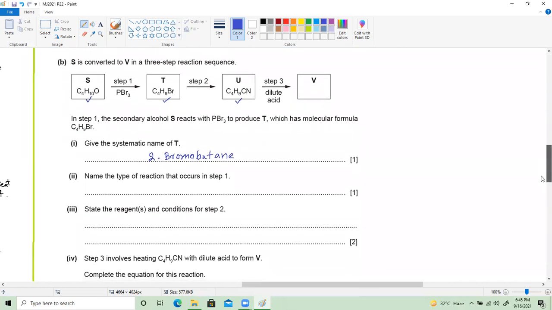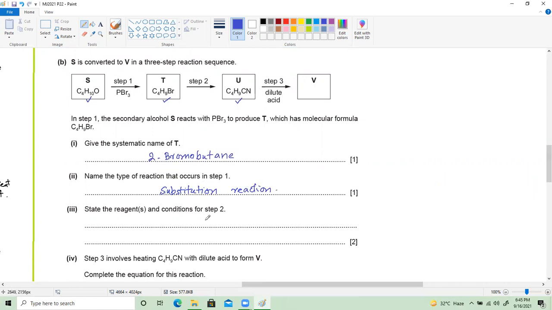Name the type of reaction that occurs in step 1. The OH group was substituted by the bromine atom, so this should be called a substitution reaction.